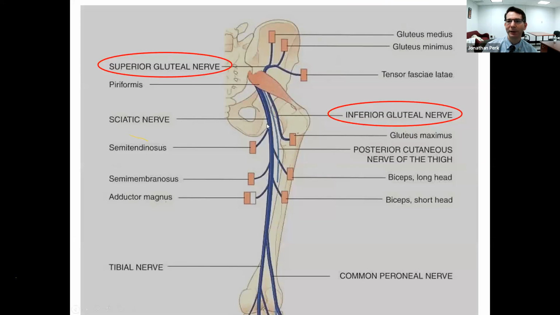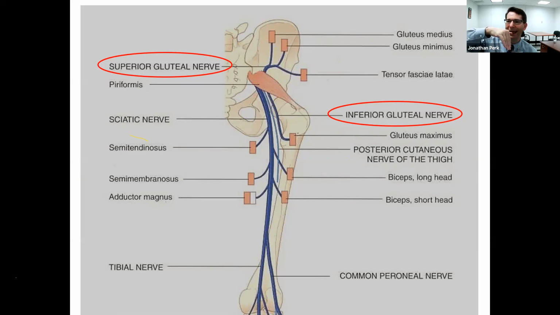And they're responsible for another movement of the 10 movements that we're discussing. That's the knee flexion, which is the antagonistic movement to the quadriceps. We talked about the quadriceps earlier that extend the knee, and they are also responsible for the patellar reflex.